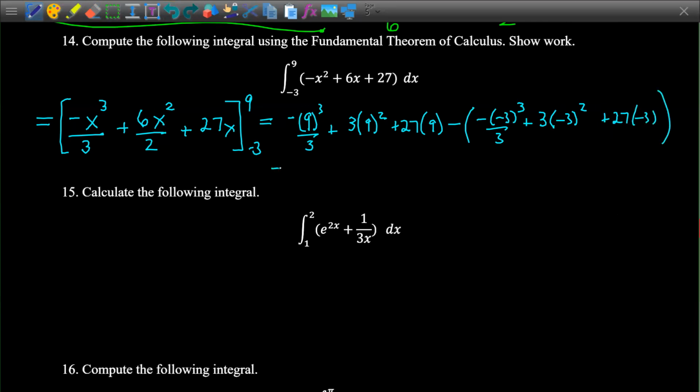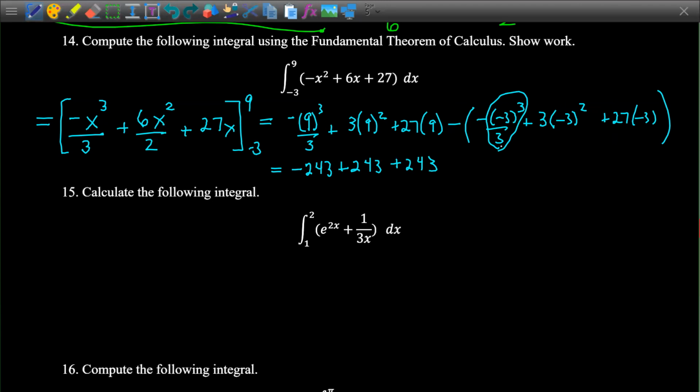And working all this out now, it's just an exercise in arithmetic. So this is minus 243 plus 243. It so happens plus another 243. And then here we have 3 cubed.